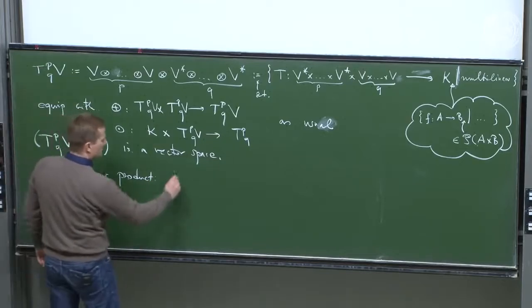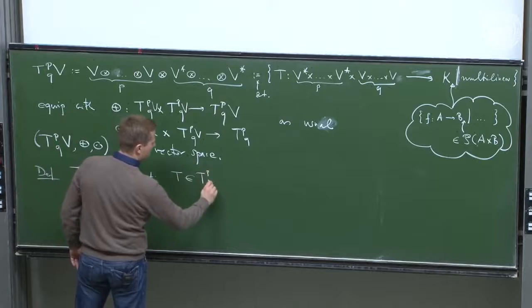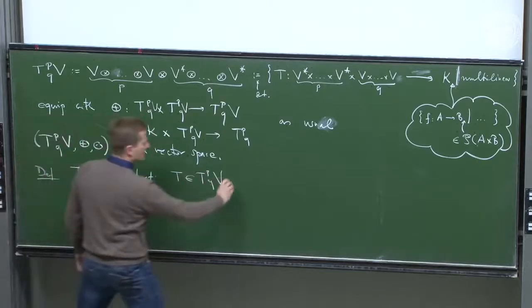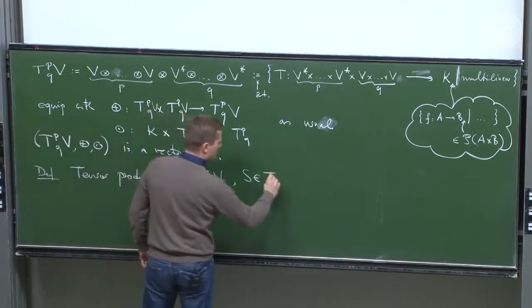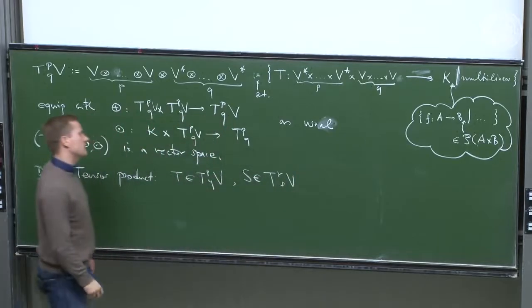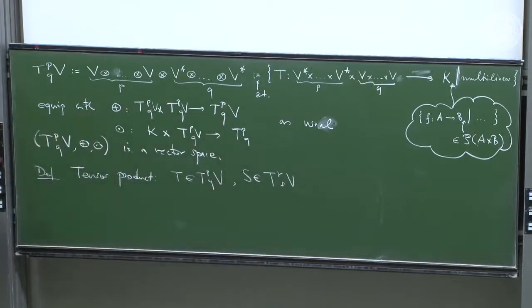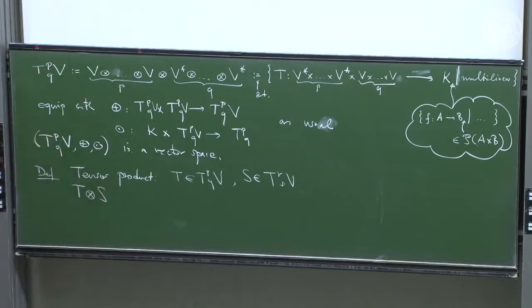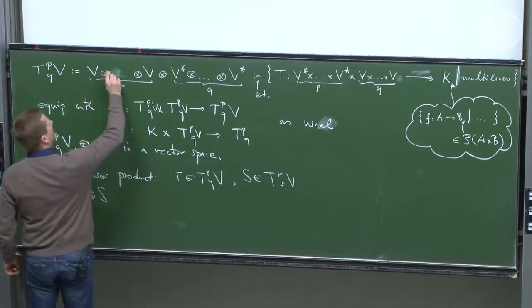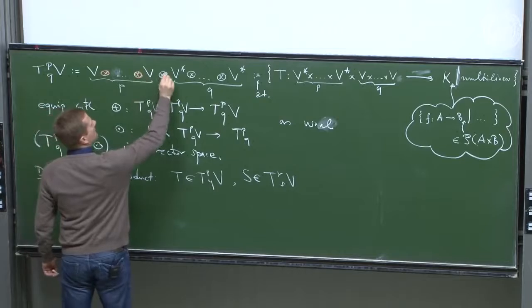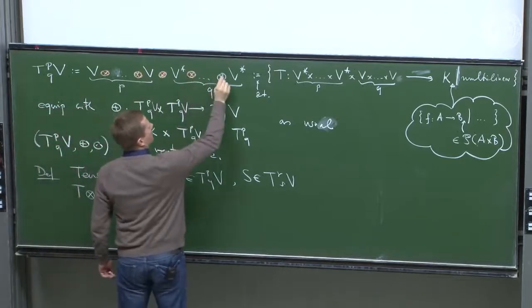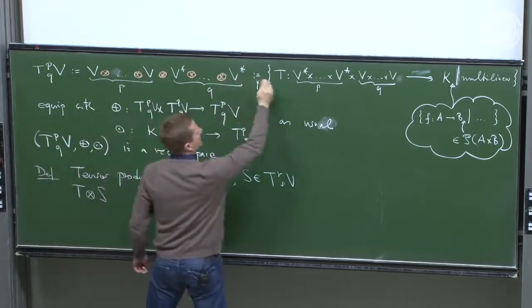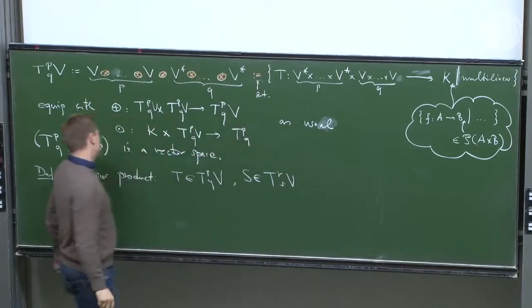And now the tensor product takes a tensor T of valence PQ over some vector space and another tensor S, which may be of an entirely different valence, let's say valence RS.